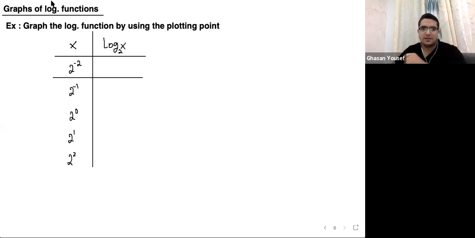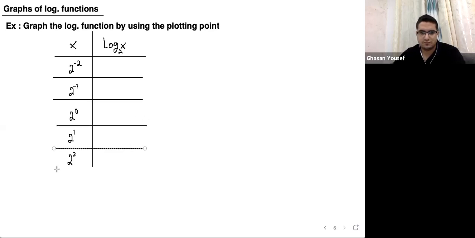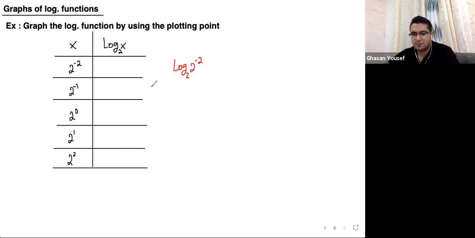Plug these values inside the function. What am I going to get here? The logarithm of 2 to the minus 2 with base 2. What is the value?